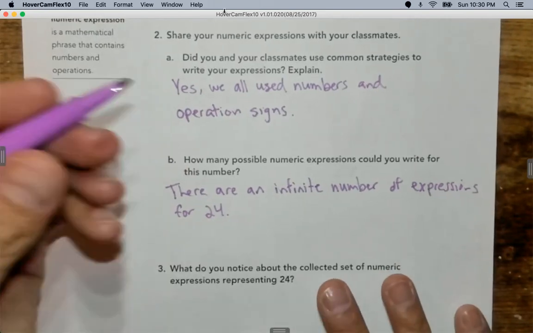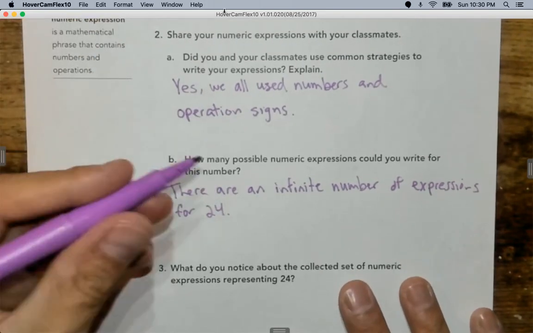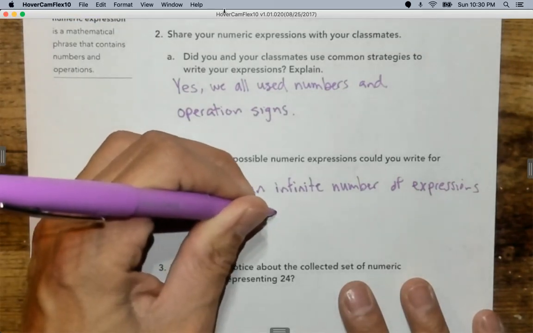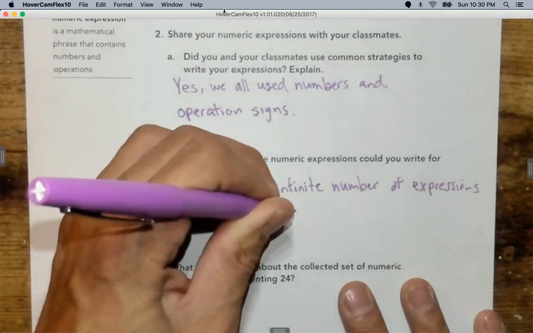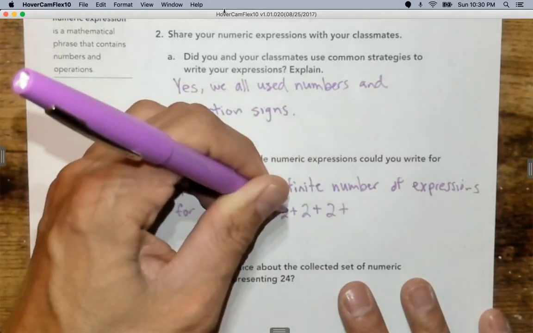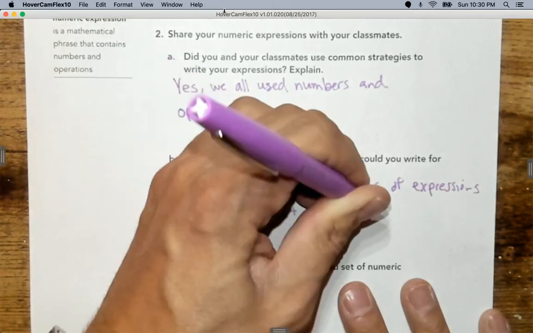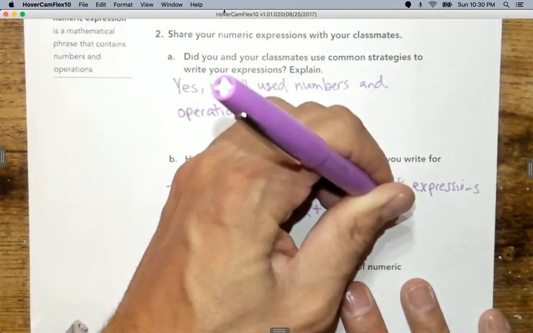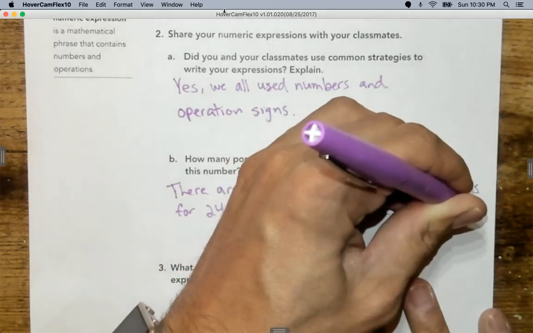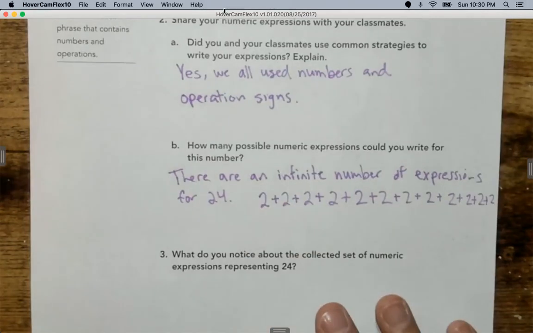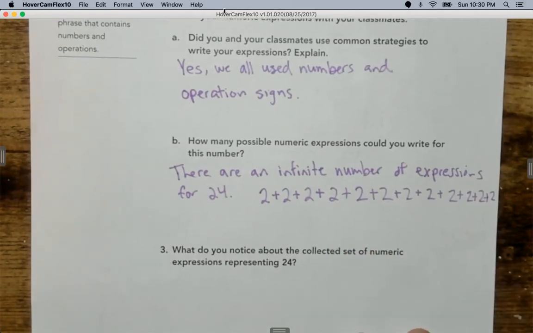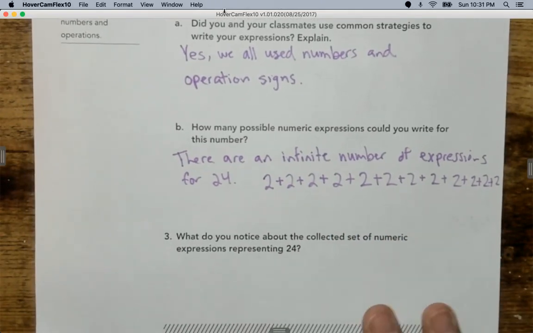So, for instance, we never really talked about the idea that we could use more than just two numbers. Most of our expressions were just two numbers, but we could use something like that, where we could use a whole bunch of numbers to equal 24.